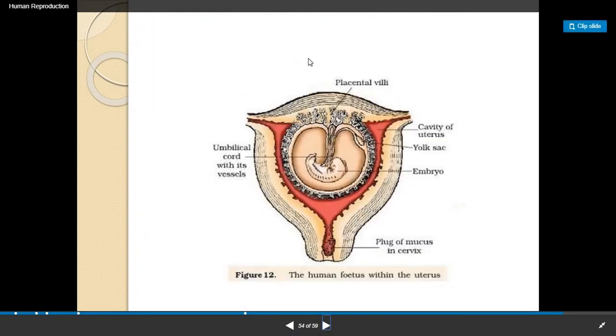Here you can see the umbilical cord, the yolk sac, and the embryo developing. These are the placental villi present on the upper side. Through this, all the materials get exchanged to the developing embryo.